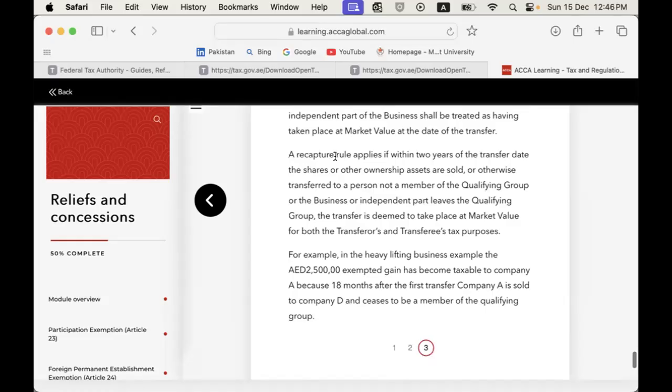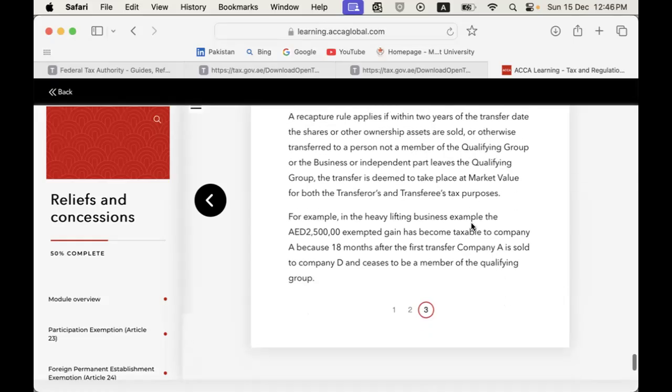So a recapture rule applies if, within 2 years of the transfer date, the shares or other ownership are sold or otherwise transferred to a person not a member of the qualifying group, or the business or independent part leaves the qualifying group. The transfer is deemed to take place at market value. So when the clawback happens, basically a violation happens, that within 2 years a further disposal happened.